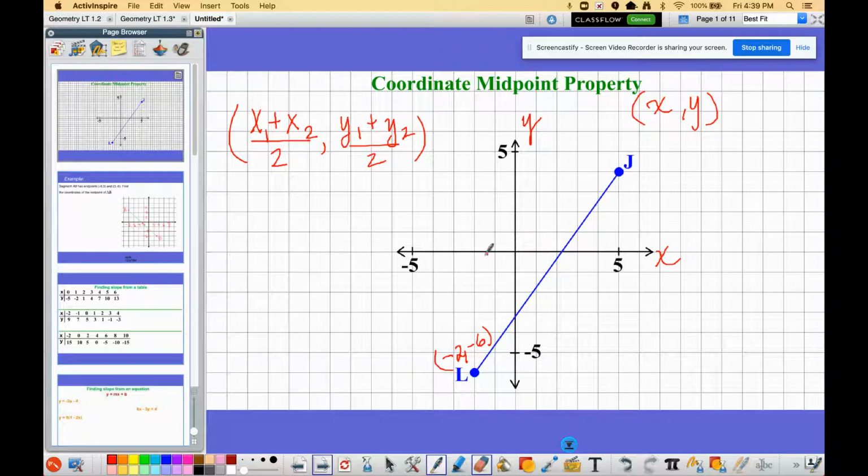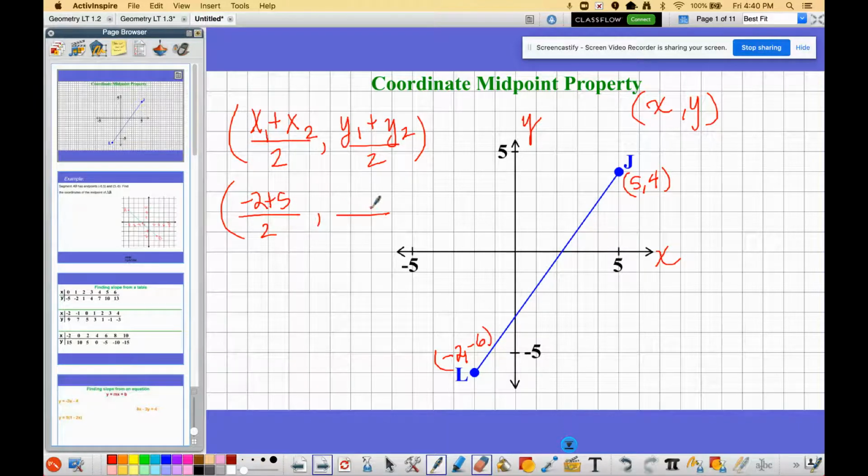To go over to point J, go back to the origin, and we go to the right 5 and up 4. So its coordinate name is (5, 4). Now we just substitute in our x coordinates: -2 plus 5. It doesn't matter which one is first. We're adding them together.